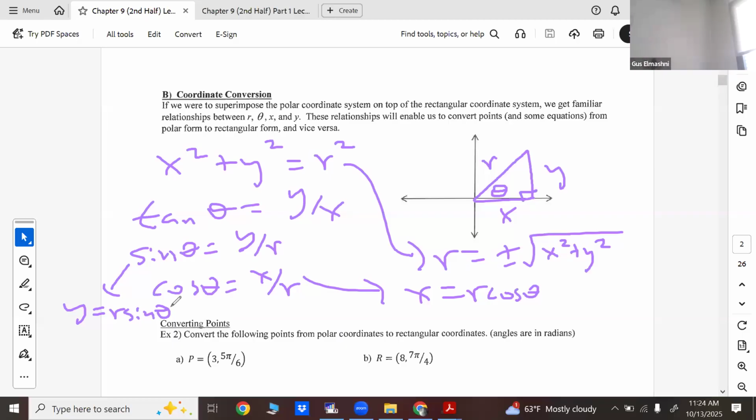And if you substitute r cos theta for x and r sine theta for y, you get cosine squared plus sine squared, which we know is 1. So r squared times 1 equals r squared. So the Pythagorean trigonometry is satisfied there as well. All things we're pretty familiar with.